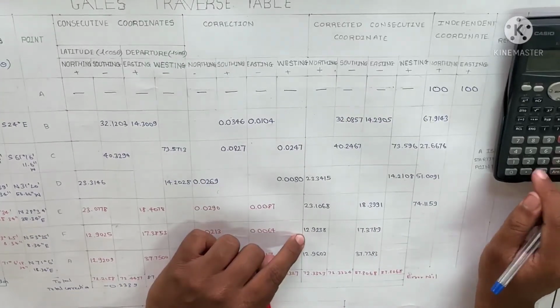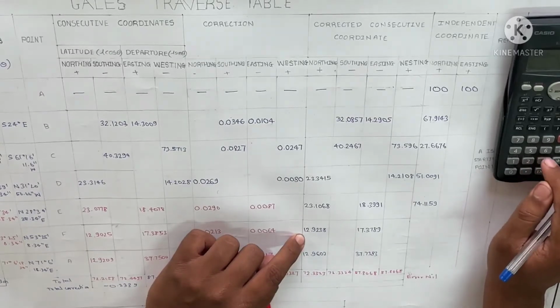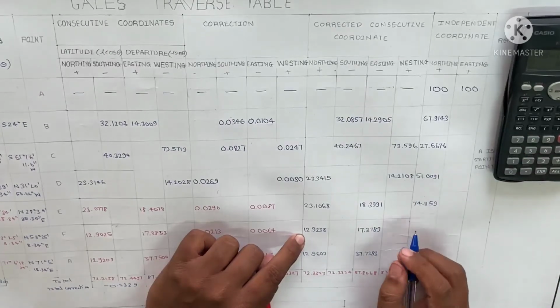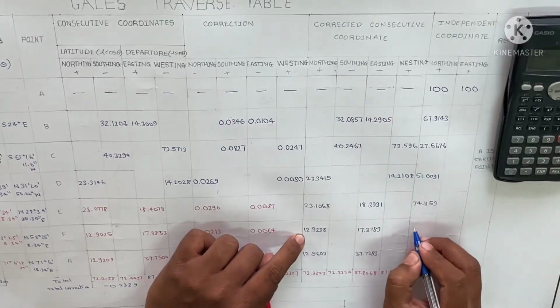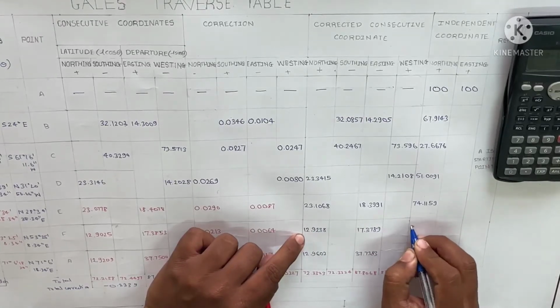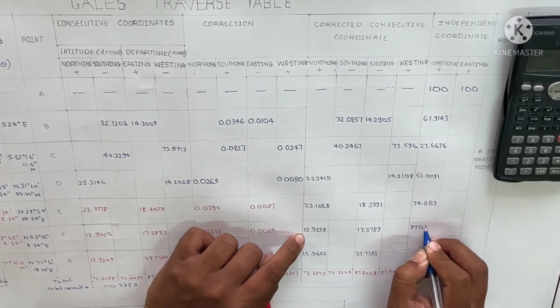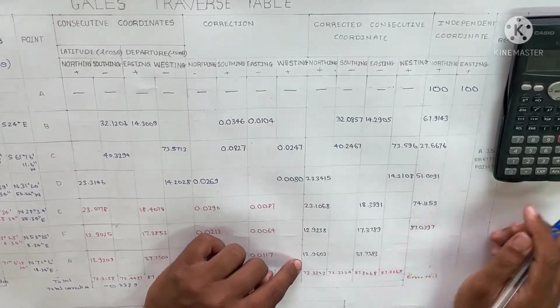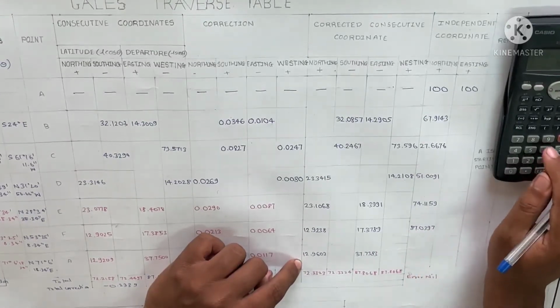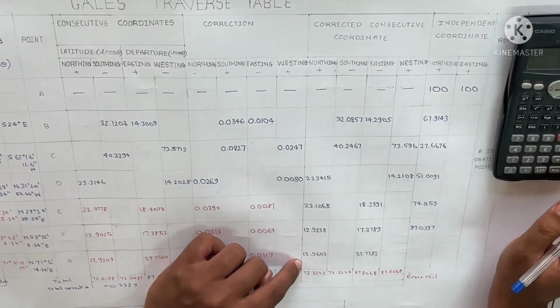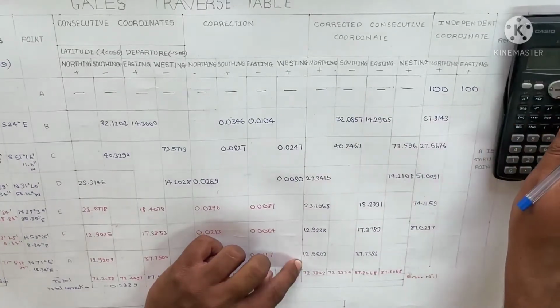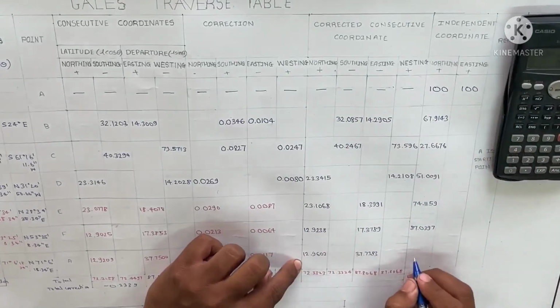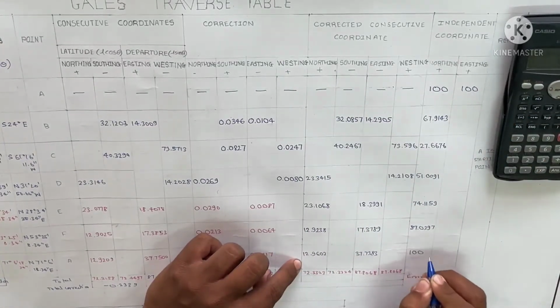Again northing, plus 12.9238, so it is 87.0397, plus 12.9602, so it is 99.9999, which is nothing but 100.